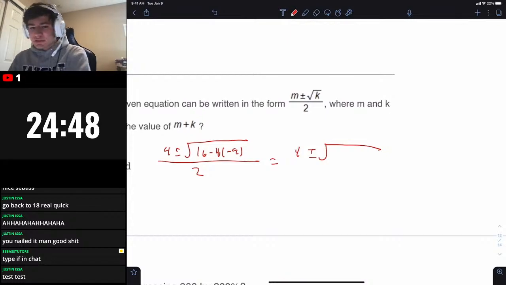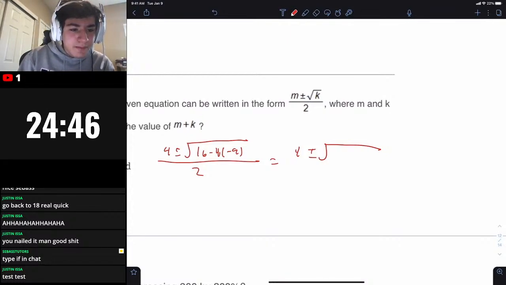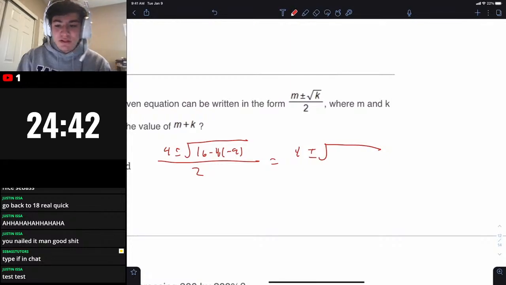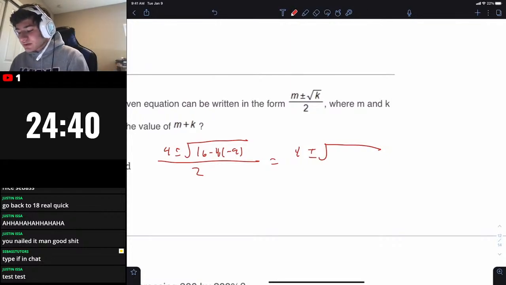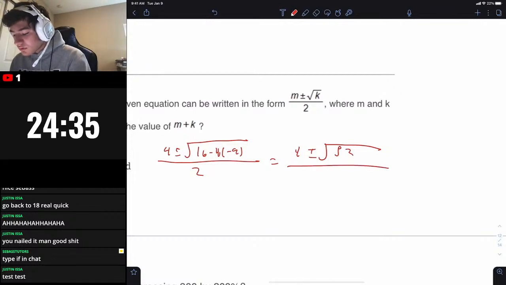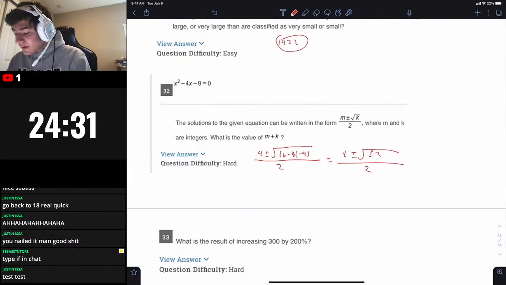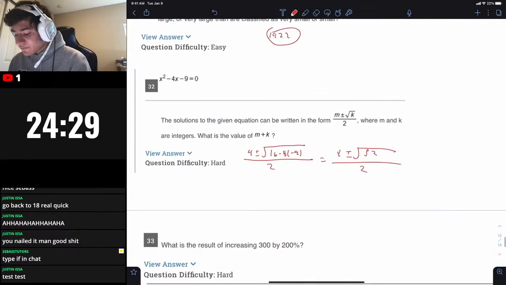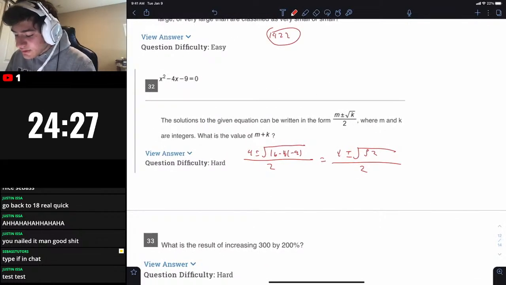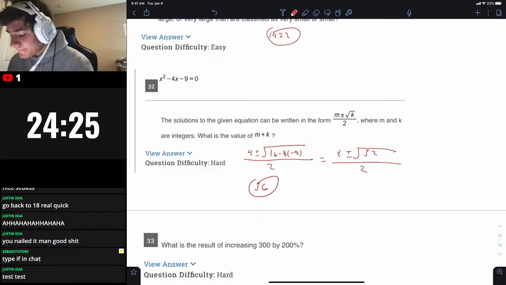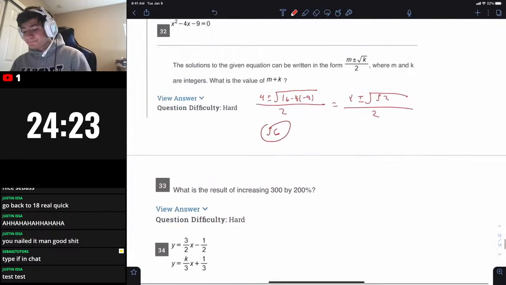What is 16 plus 36? Let me do calculator. I probably don't need to, but better safe than sorry. 16 plus 36 is going to be 52, over 2. So the value of m plus k, which is 4 plus 52, is going to be 56. And that's my final answer.